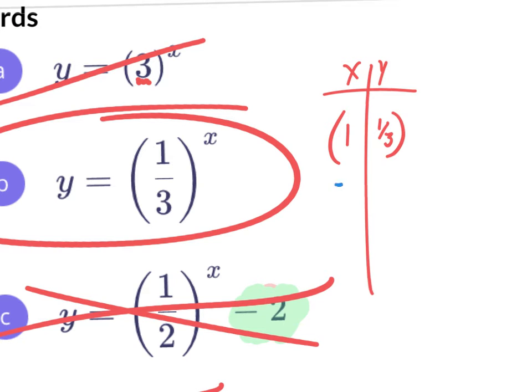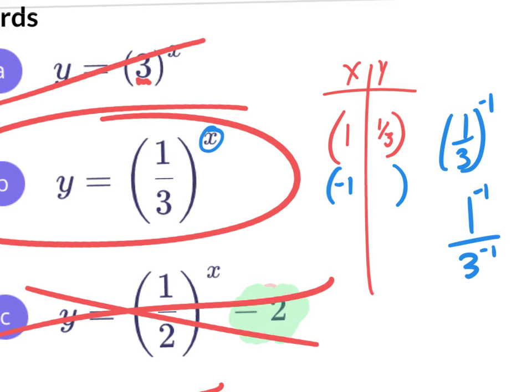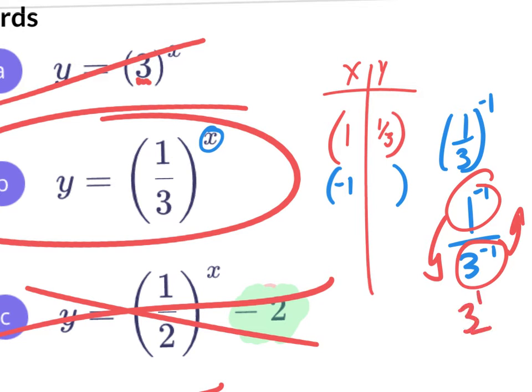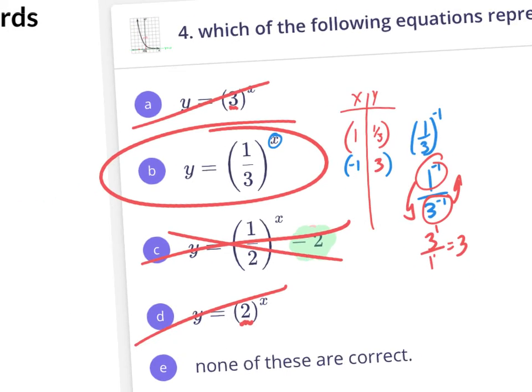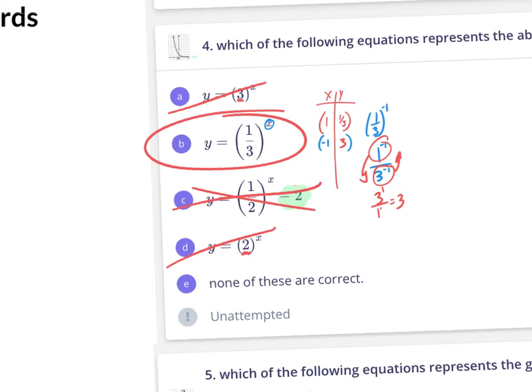And the answer is yes, because when you plug in a -1 right here, that'll be 1/3 to the -1 power, which means that you have 1 to the -1 over 3 to the -1, which means you'd have to switch that one down and switch this one up, and that would give you 3 to the 1 over 1 to the 1, which is really just 3. And that is the coordinate on the graph. But that's like really, really making sure, like it's pretty clear that B is the correct answer, okay?